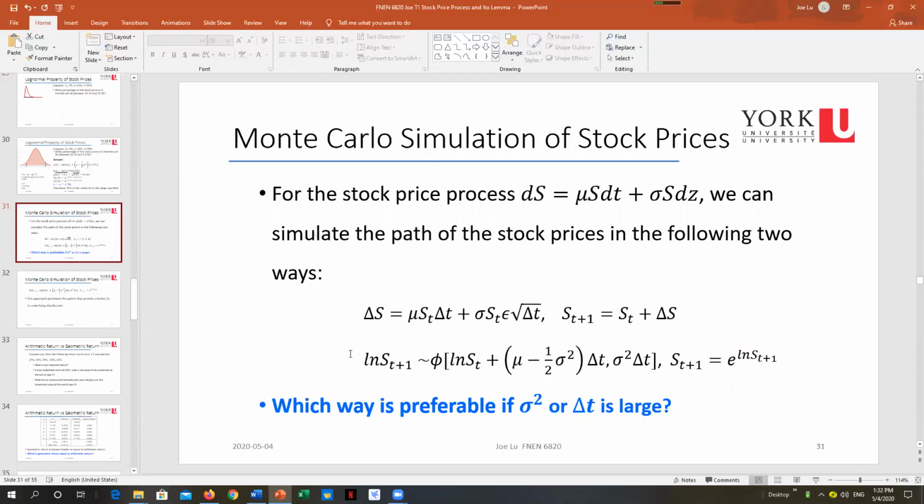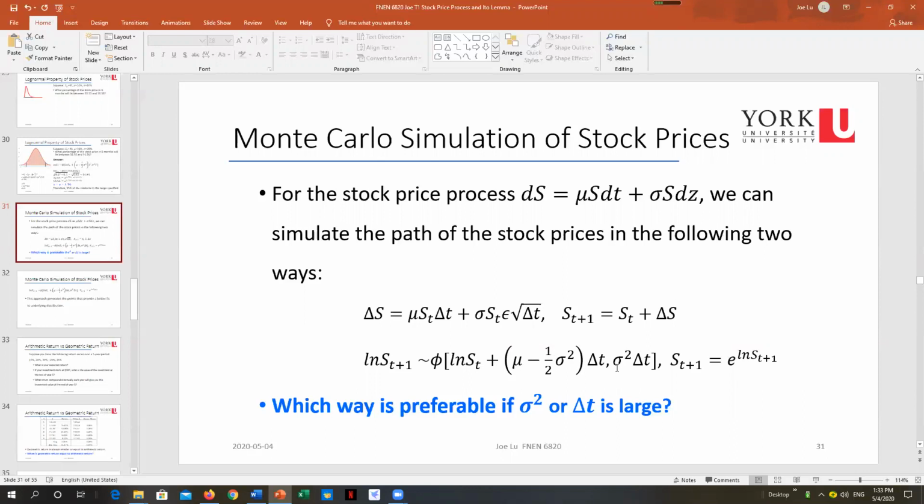So I can exploit the fact that we talked about in the last video: log S at the bigger T, which is the stock price in the next time period, follows a normal distribution with the mean being log S at the little t, plus the mu minus half sigma squared delta t term here.